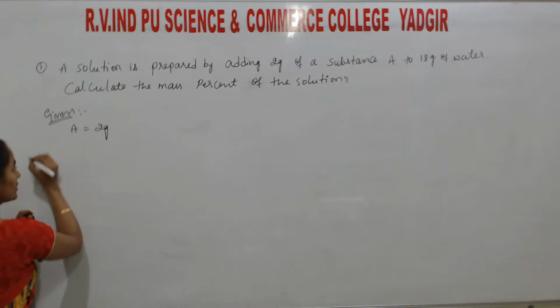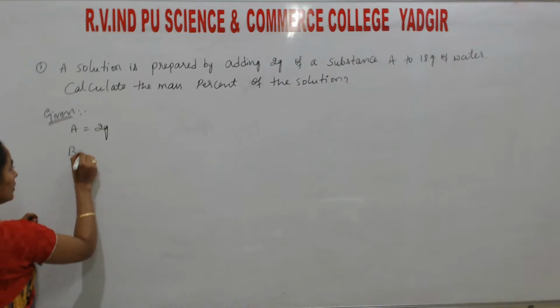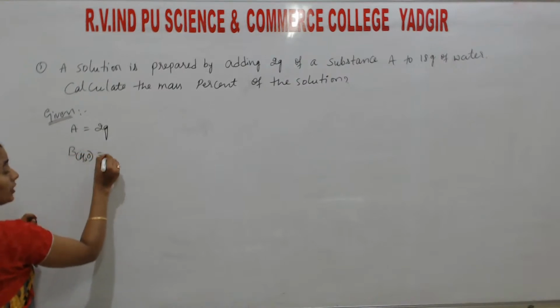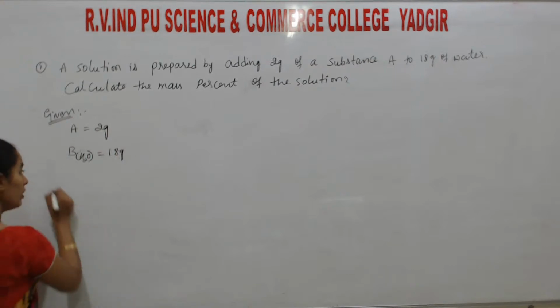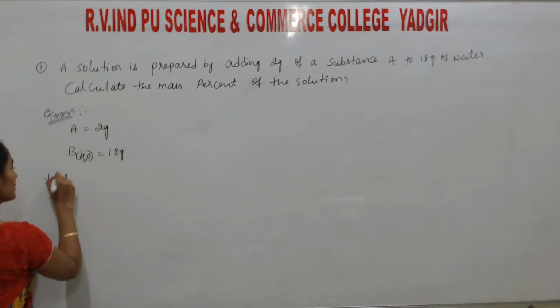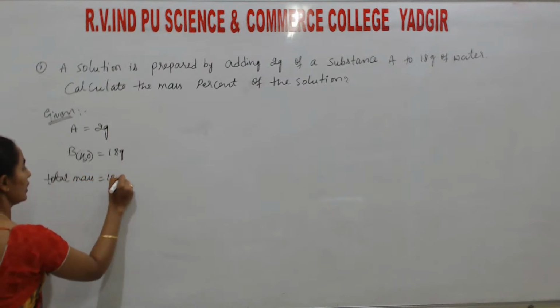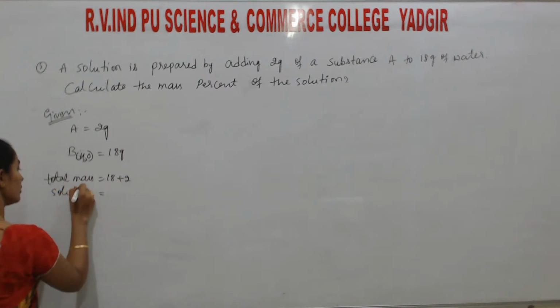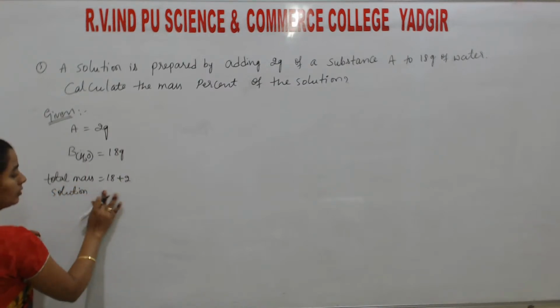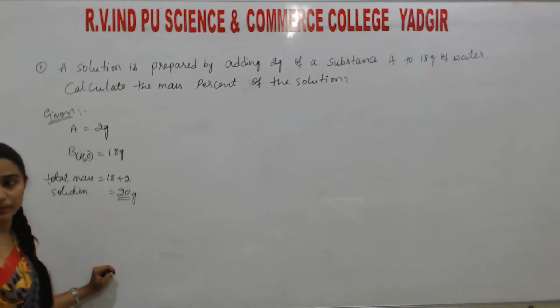To the water, that is component B, you assume, 18 grams. Total mass of solution is equal to 18 plus 2, that is equal to 20 grams.